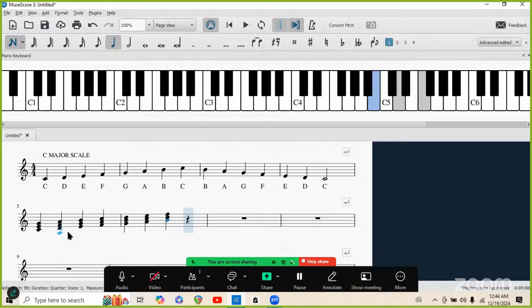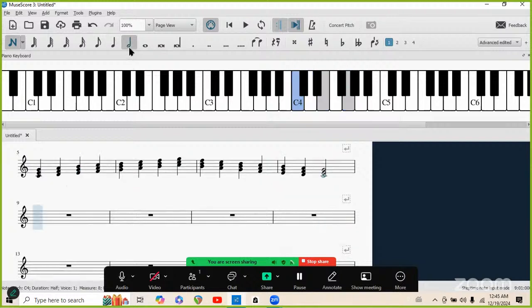Then the C chord. Then we're going to go backwards, go back to B, go back to A, go back to G, go back to F, back to E, back to D, and finally we end on C, and I want to make C into a half note.